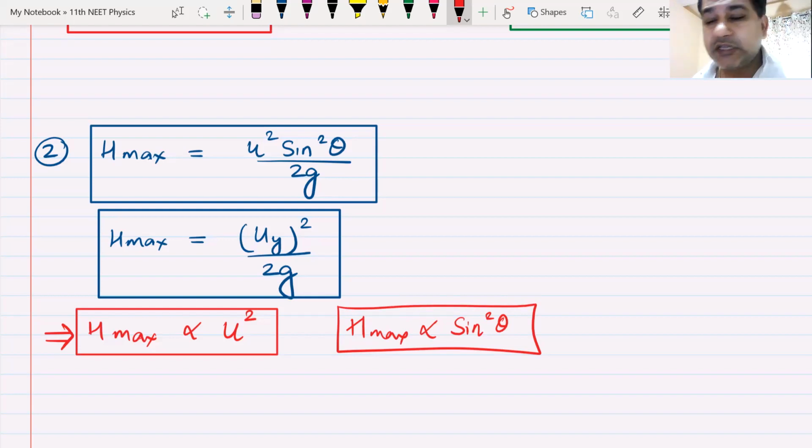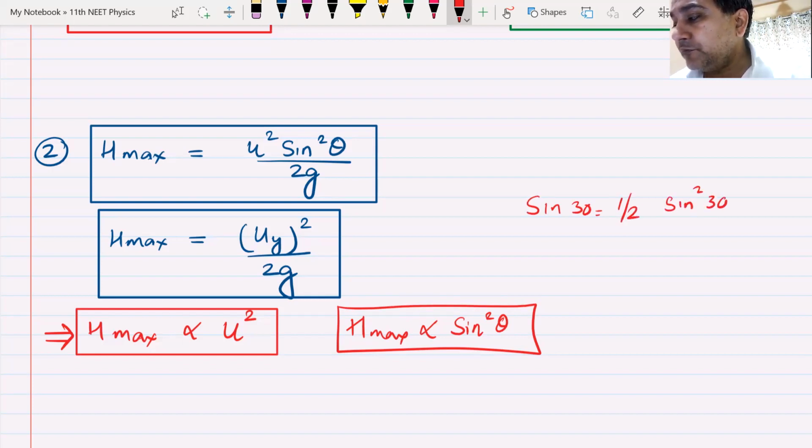For example, sine 30 is half, so sine square 30 becomes 1 by 4. Sine 60 is root 3 by 2. Sine square 60 will become 3 by 4.